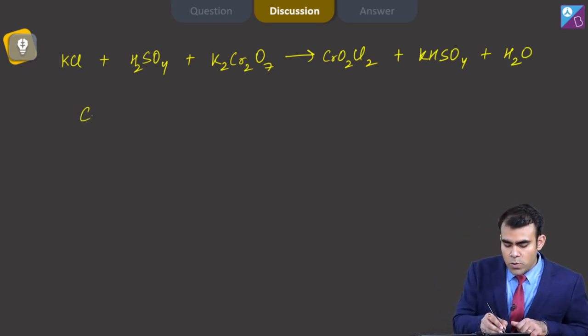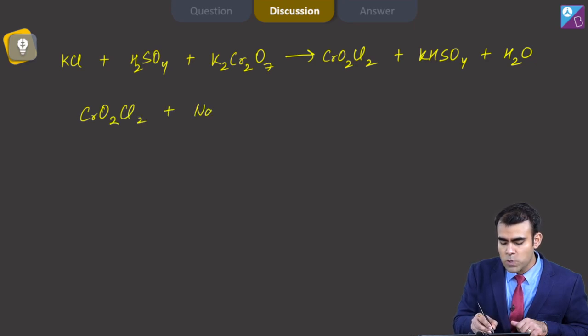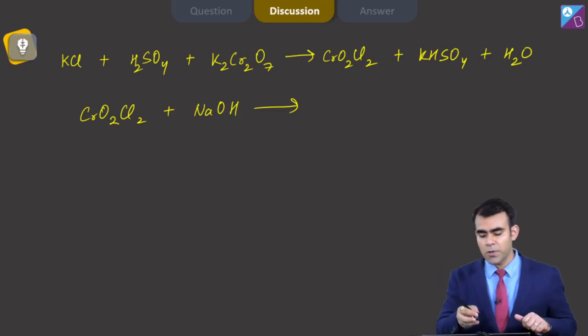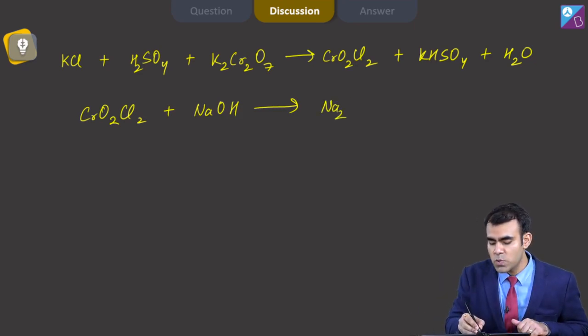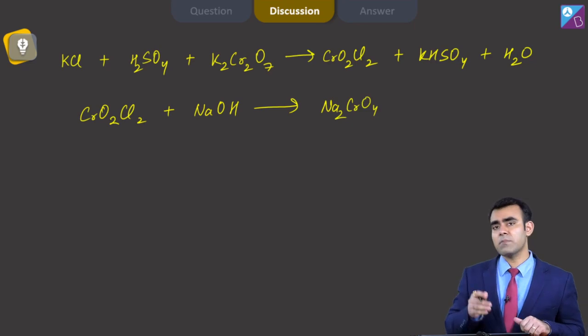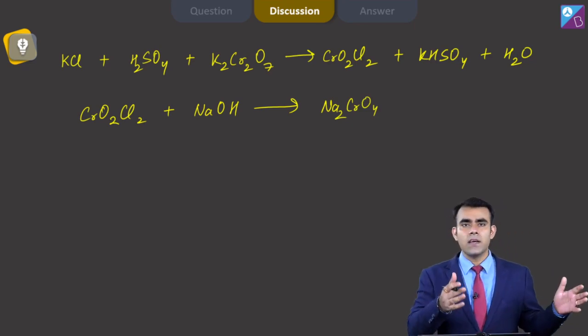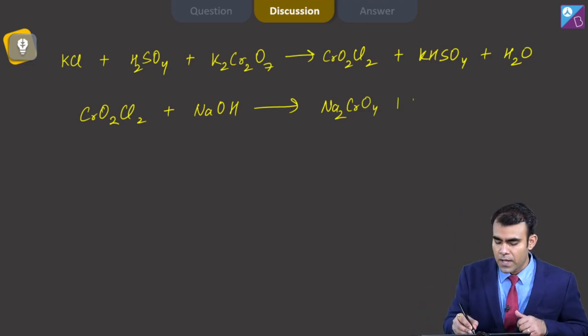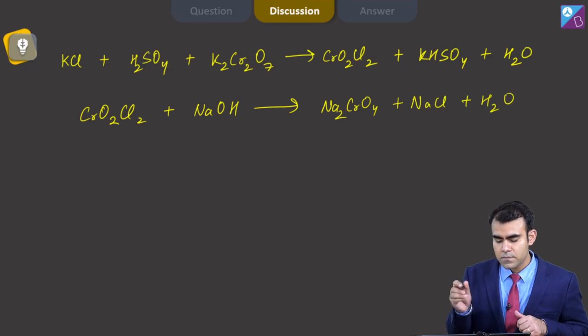Then CrO2Cl2 reacts with sodium hydroxide and forms a yellow solution, and this yellow solution is because of Na2CrO4. Just remember that chromate ions or chromate salts are generally yellow in color, plus NaCl plus H2O.